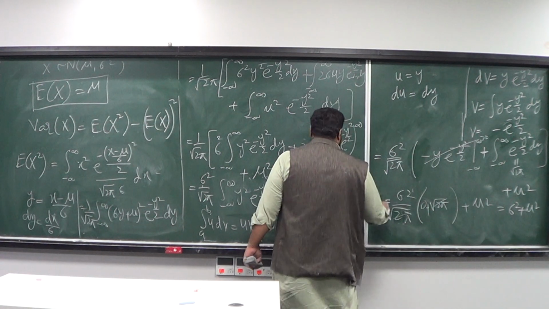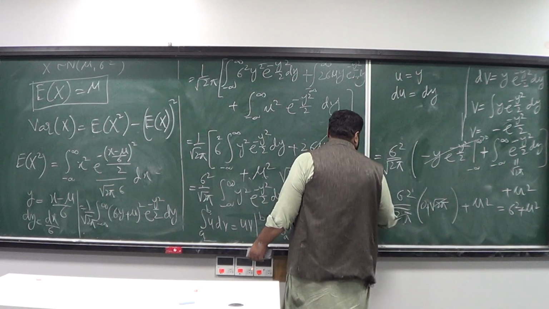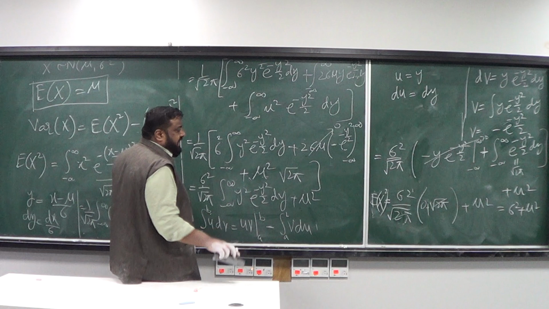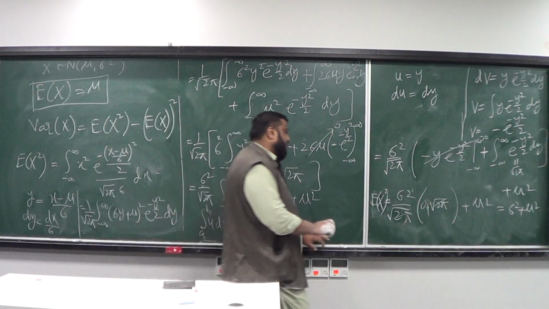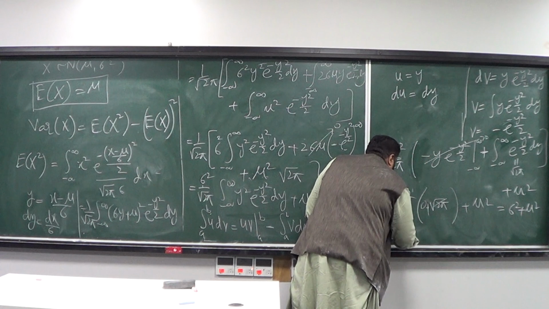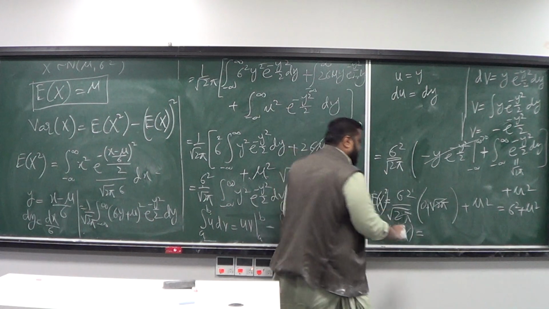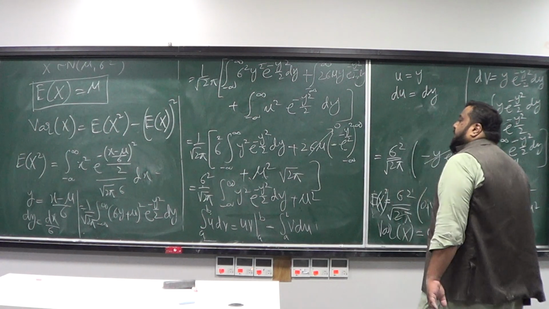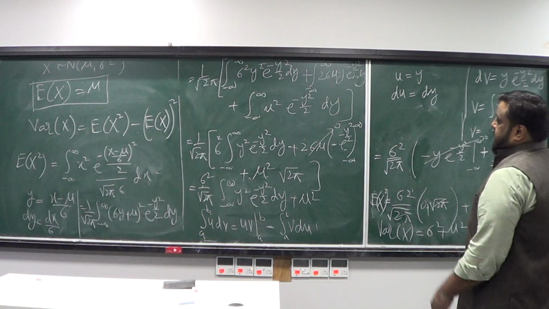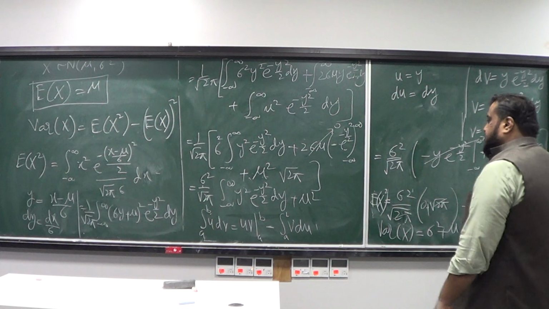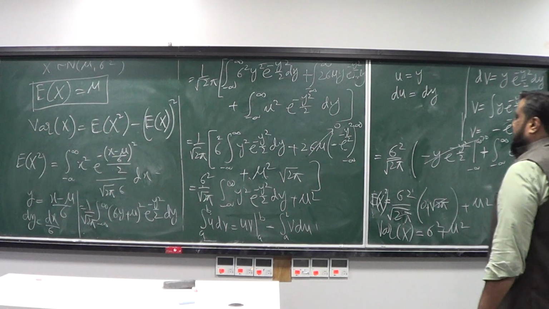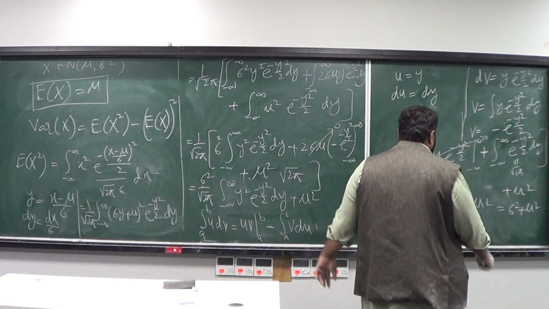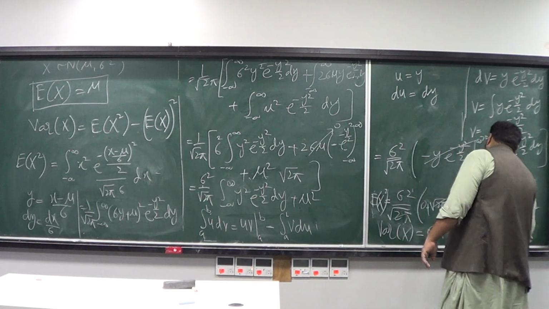And what was all this computation for? This was really the expectation of x square. So we computed the expectation of x square. So what would be the variance? The variance of x is expectation of x square, which is sigma square plus mu square, minus expectation of x whole square, but the expectation of x is mu, so this is mu square.